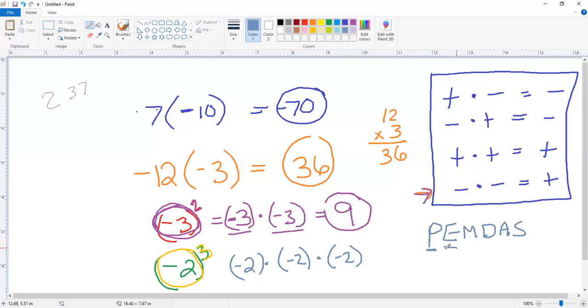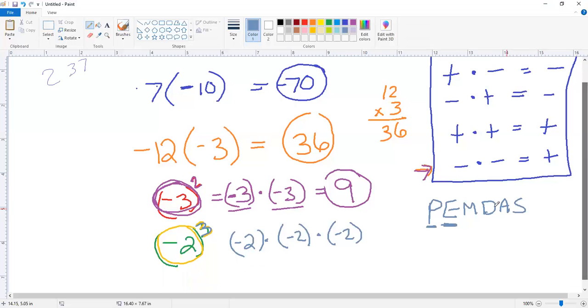Then we go to our exponents, which we're working on right now because 3 is an exponent and we've written it 3 times. Then we multiply or divide from left to right. And then we add or subtract from left to right. So right now, we're just going to focus on the first two numbers. We're going to get to this third one in a minute.